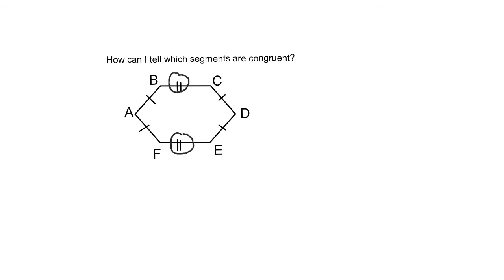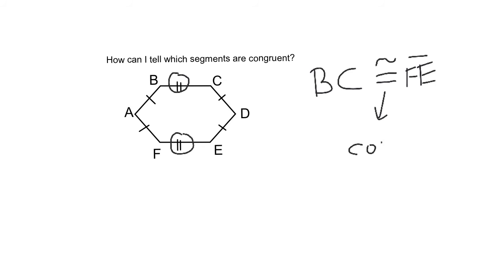So we can say that segment BC, new notation for you, equal, but I'm going to put a squiggly line, like similar or approximation, segment FE. This symbol for the first time means congruent. So we know that segment BC is congruent to segment FE.